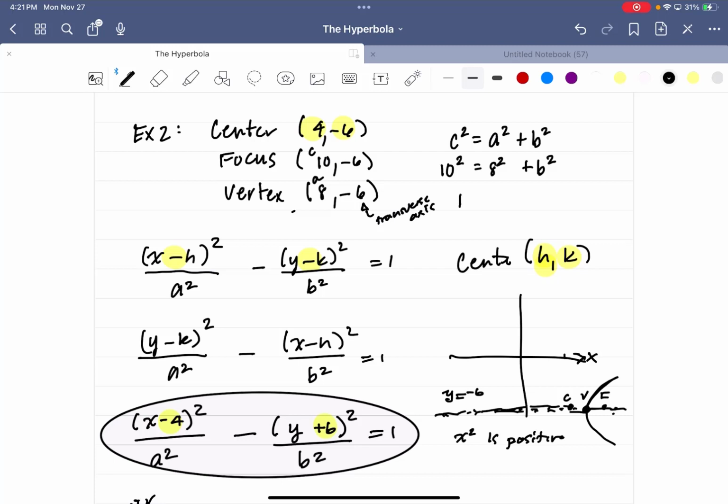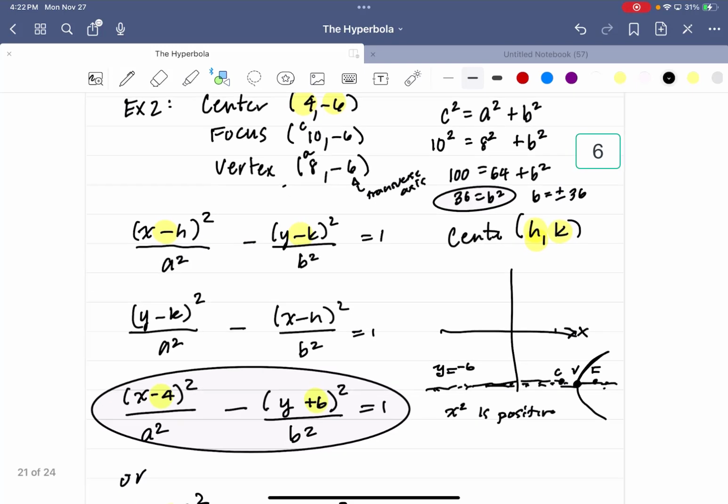So that's 100 equals 64 plus b squared. 100 minus 64 is 36 equals b squared. So b is plus and minus, but we really need the b squared to put it into the equation.